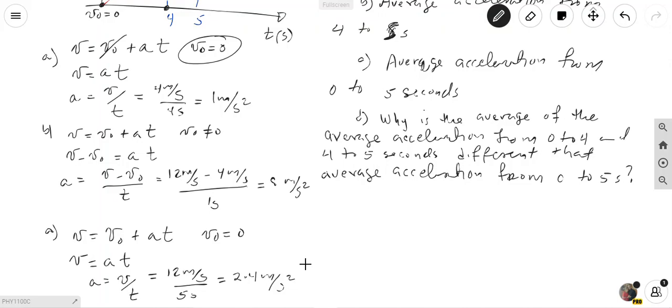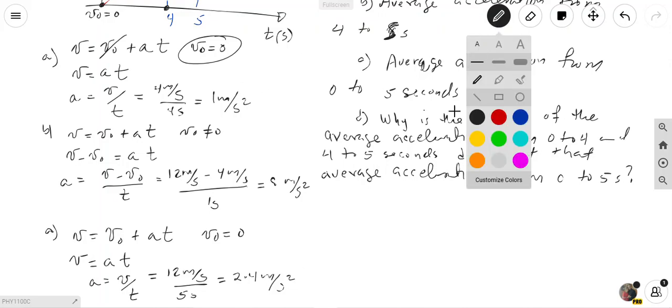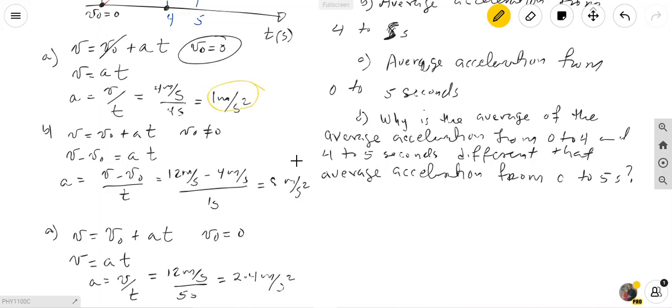Basically, what they say is that if I find the average between this acceleration and this one, it would be 4.5 meters per second squared, adding and dividing by 2 these values of acceleration. And that value, 4.5 meters per second squared, is different from the value of average acceleration that we found here.